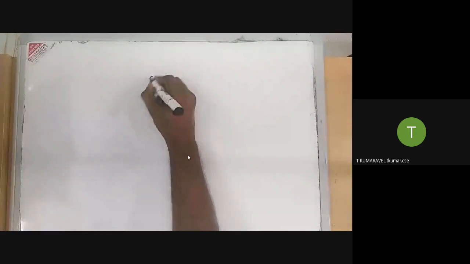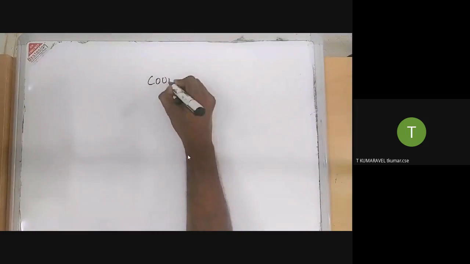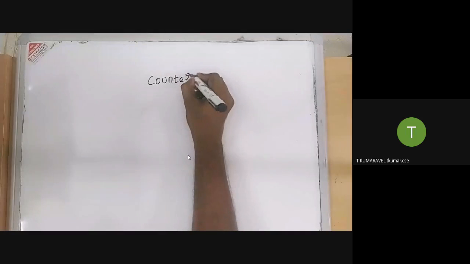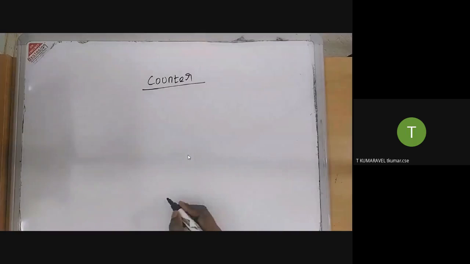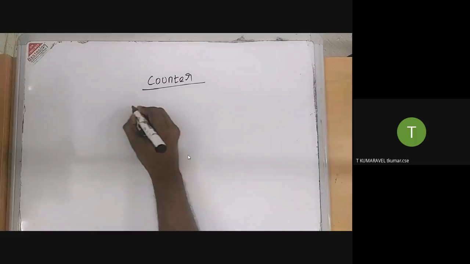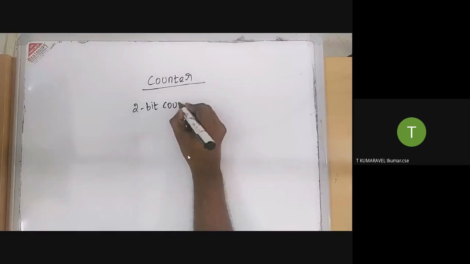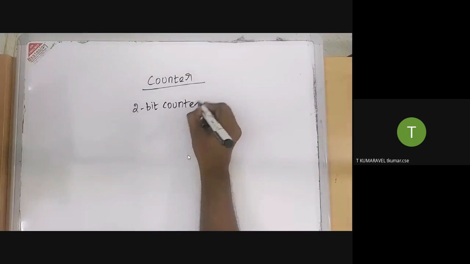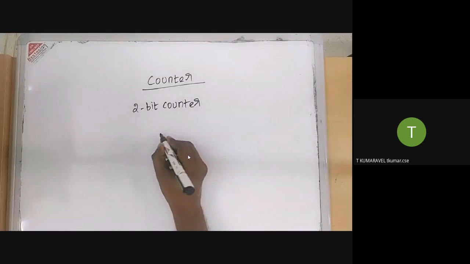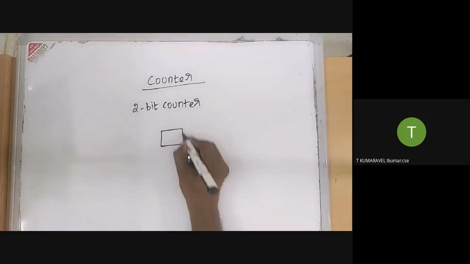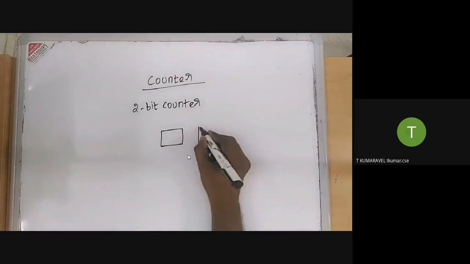In the last class we have seen the concept called a counter. A 2-bit counter means the counter is associated with two consecutive flip-flops.